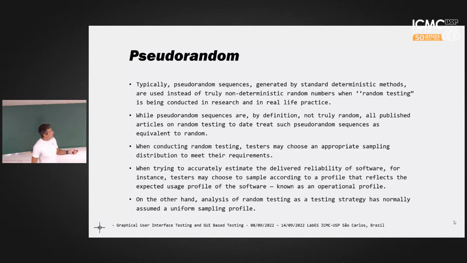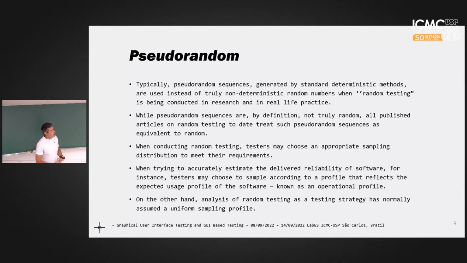So this is why I wrote in the second point of the slide that pseudo-random sequences are by definition not truly random. Okay. When you find in a paper that the approach is random, actually the approach is pseudo-random, because the values are generated by an algorithm.